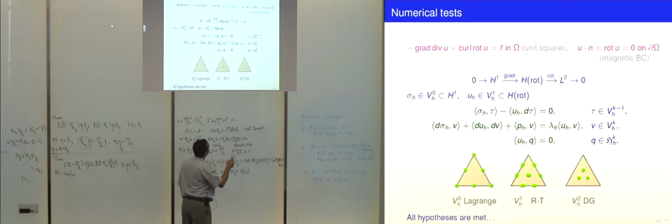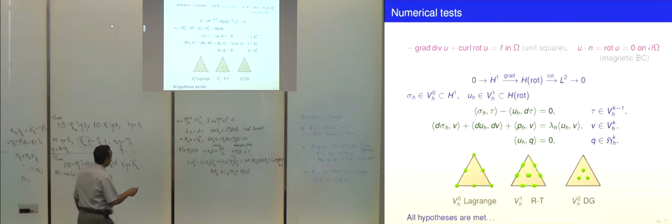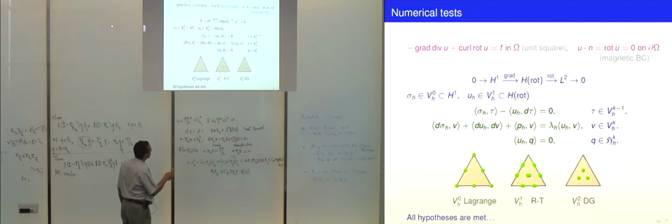This is a space of linears, 3-dimensional, but all the degrees of freedom are on the inside, so these are discontinuous piecewise linears, DG elements, discontinuous Galerkin elements. So this is a space of all piecewise linears with no connectivity. This one is a little more complicated. These are vector fields, and the arrows lying along the edge are the tangential components of those vector fields, u dot s, where s is the tangent vector.